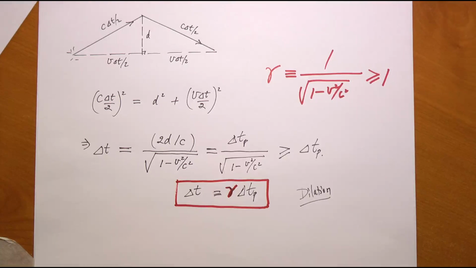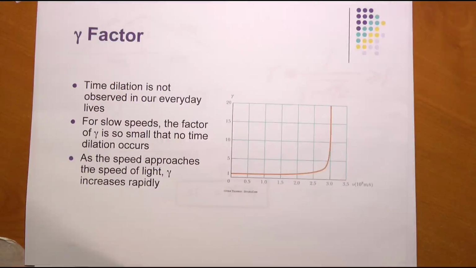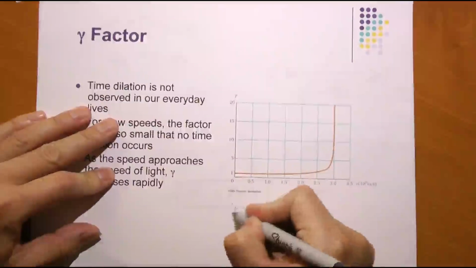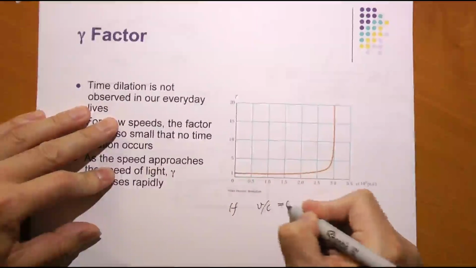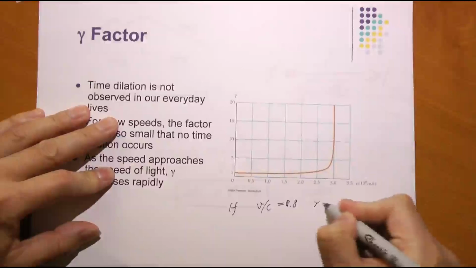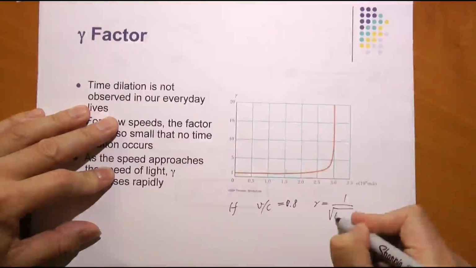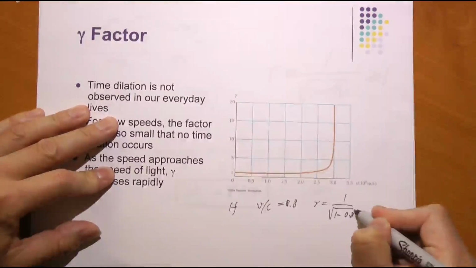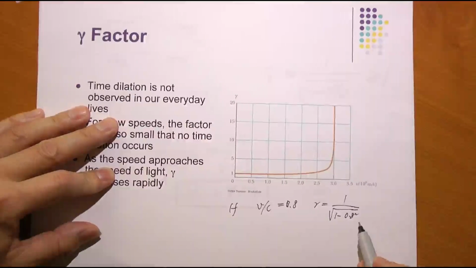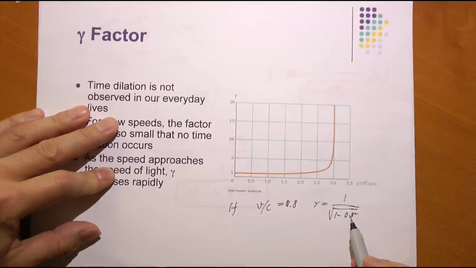If you look at some numerical values, for example, if V equals 80% of the speed of light, what are we looking at? We're looking at V over C equals 0.8. So gamma equals 1 over the square root of 1 minus 0.8 squared. 0.8 squared is 0.64, so 1 minus 0.64 is 0.36, which is a perfect square.